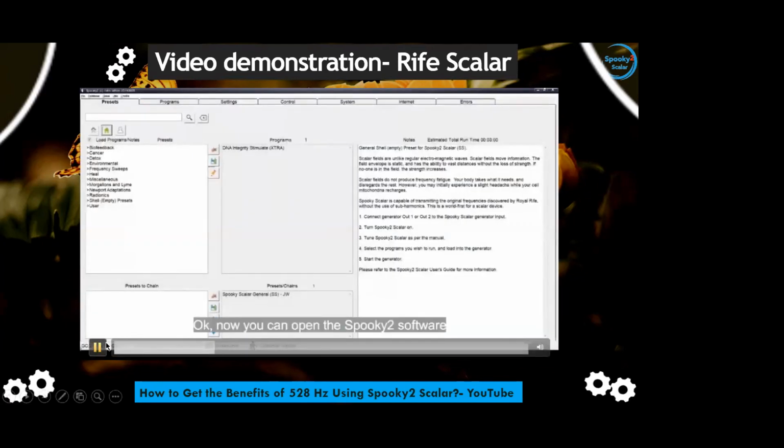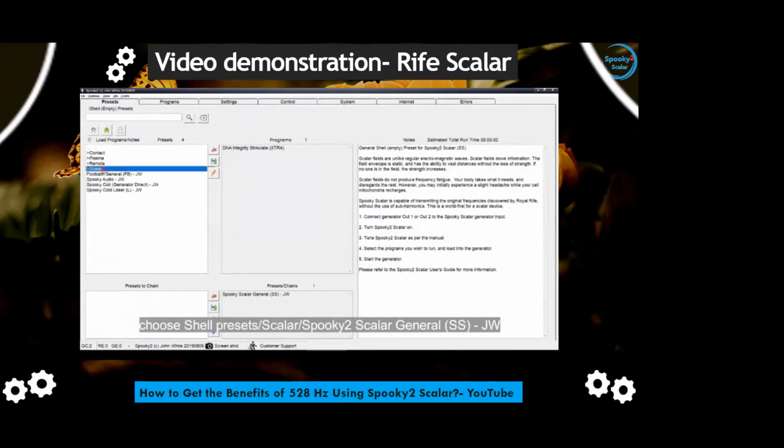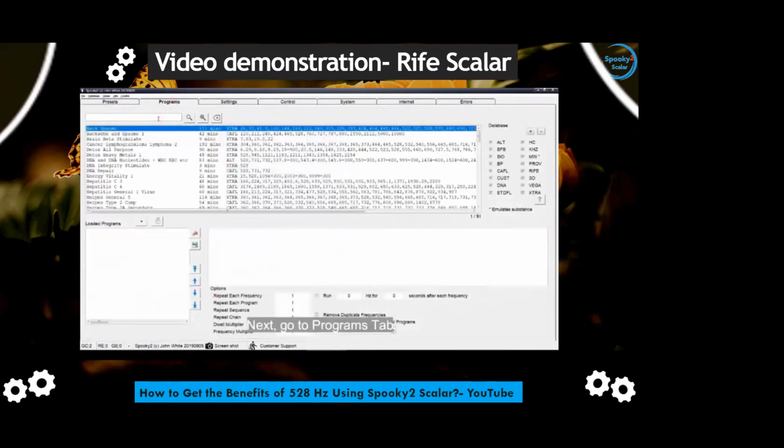Okay, now you can open the Spooky2 software. Go to Presets tab, choose Shell Presets, Scalar, Spooky2 Scalar General JW. Next, go to Programs tab, search DNA Integrity Stimulate program and double-click to choose it.